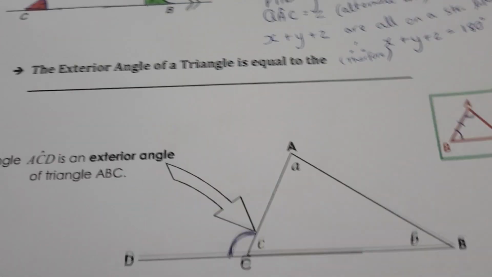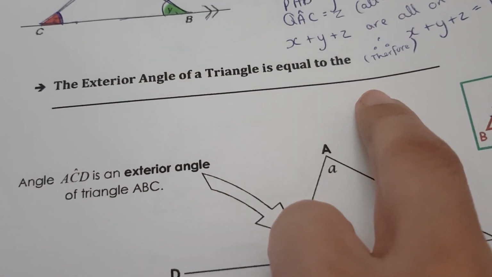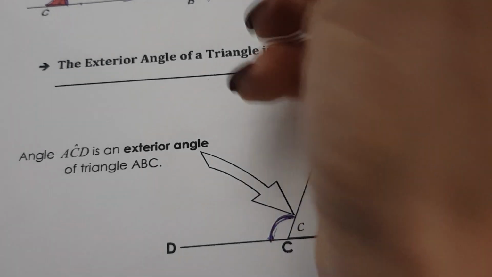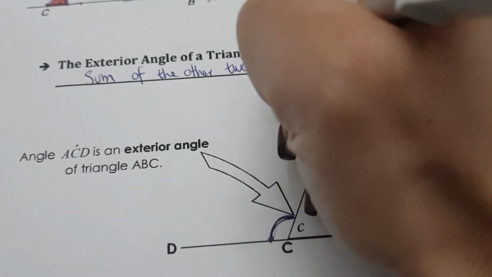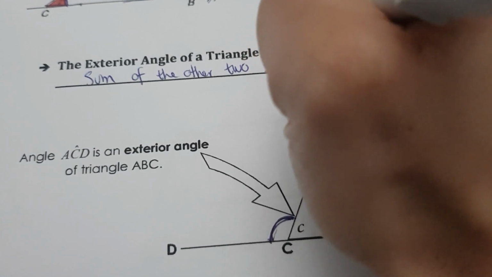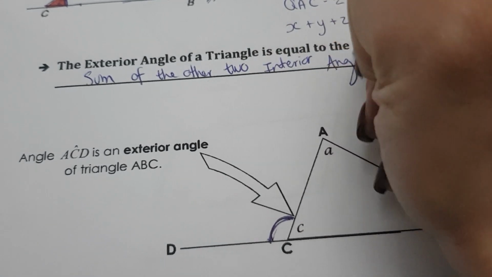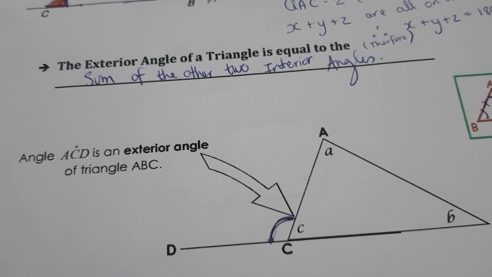So over here you can write: the exterior angle of a triangle is equal to the sum of the other two interior angles.